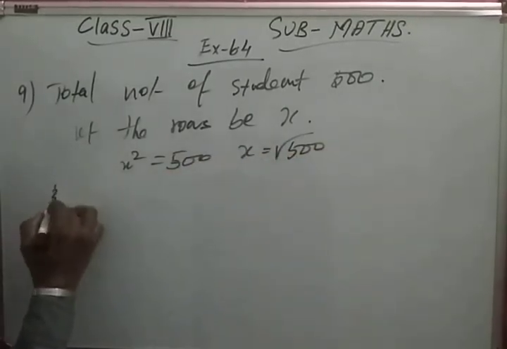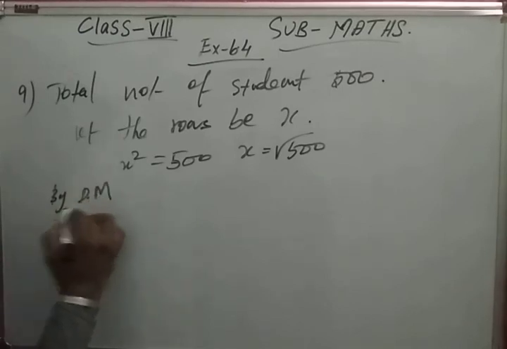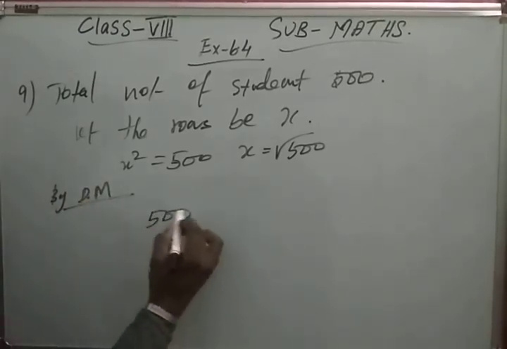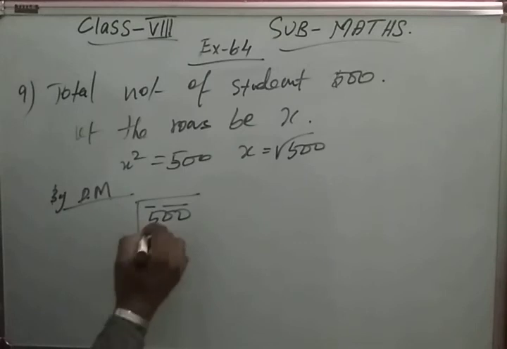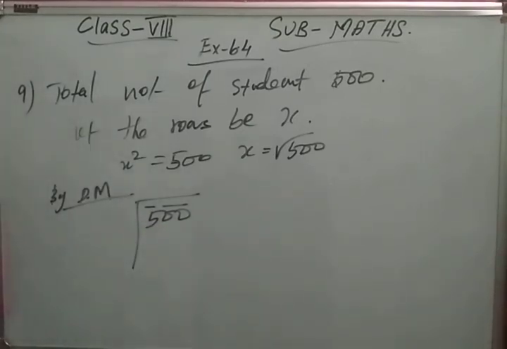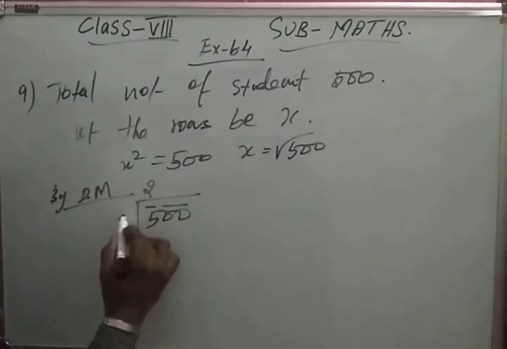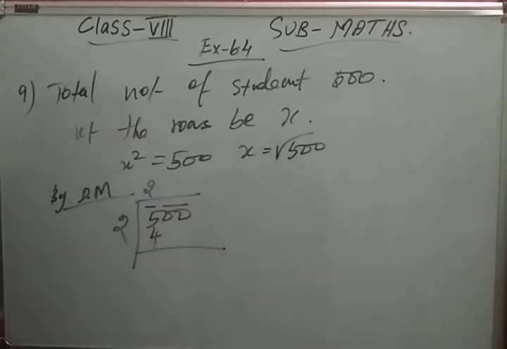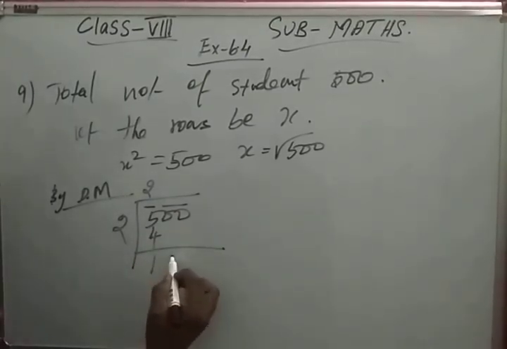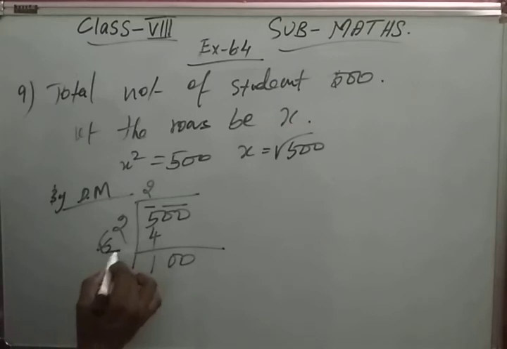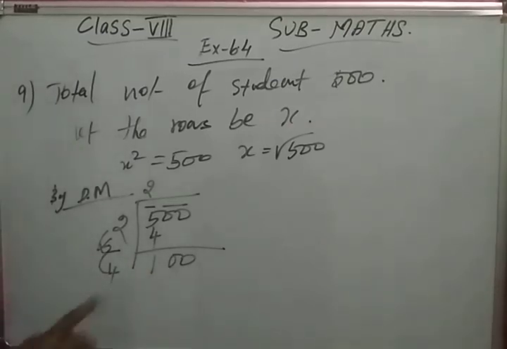Now by the division method, we take 500 and put the bar on the pairs. In 5, how many values are there? 2 2s are 4. Then what will come? 1. Then we take 2 zeros down. If you multiply 2 by 2, you will get 4. When multiplying by 4, what number can we use?